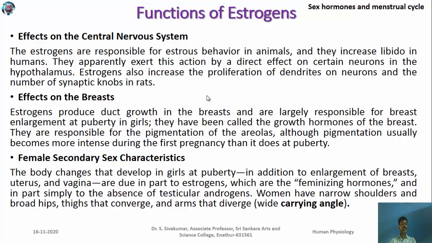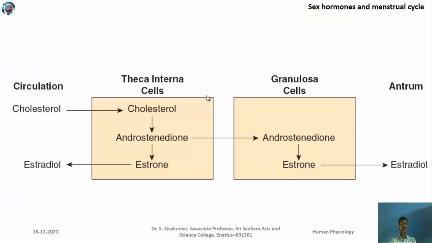Women have narrow shoulders and broad hips, thighs that converge and arms that diverge, usually called a wide carrying angle. The anatomy of women is caused by the action of the female sex hormone estrogen.